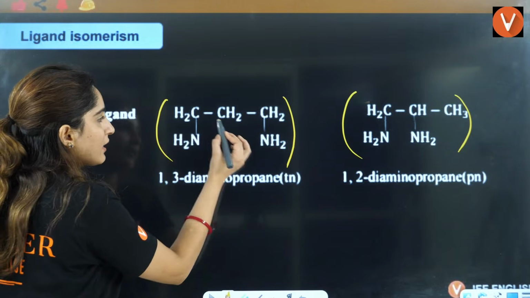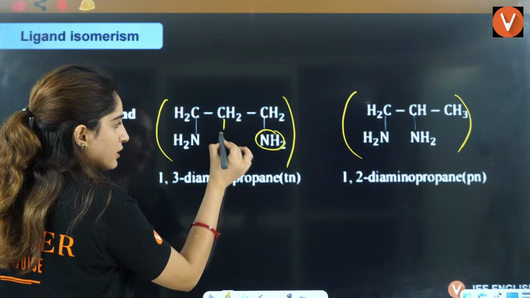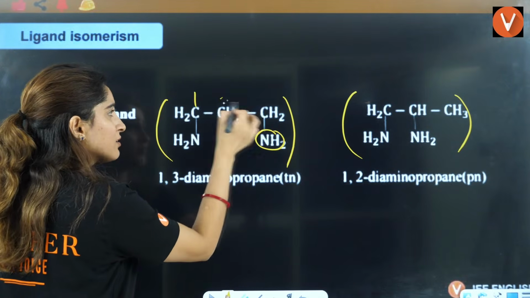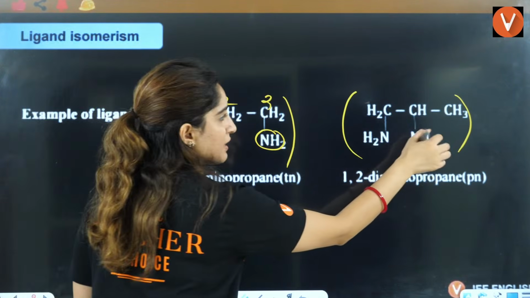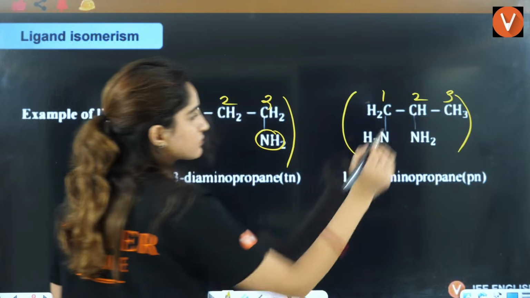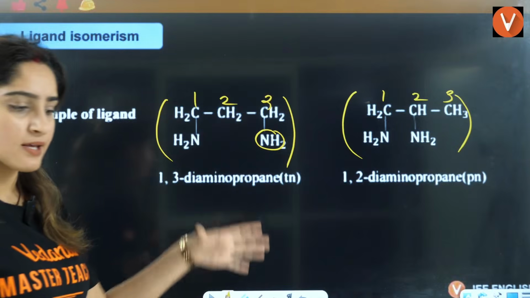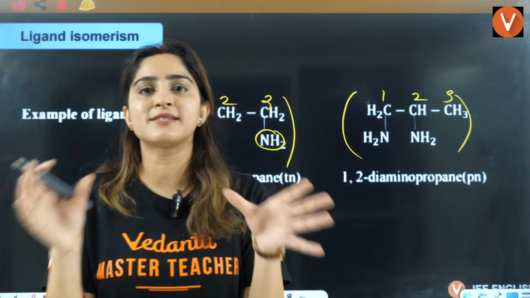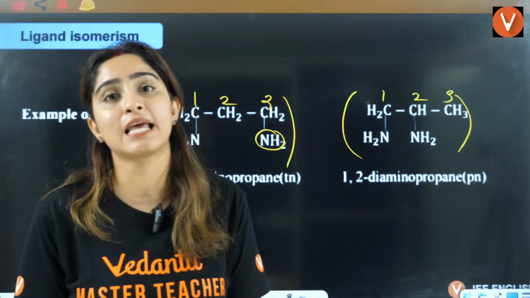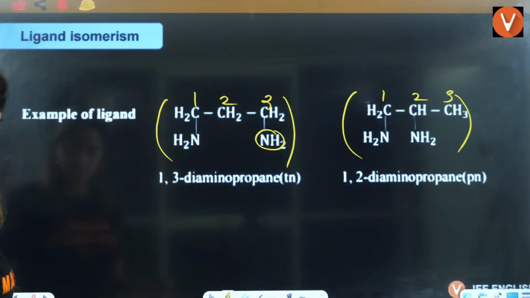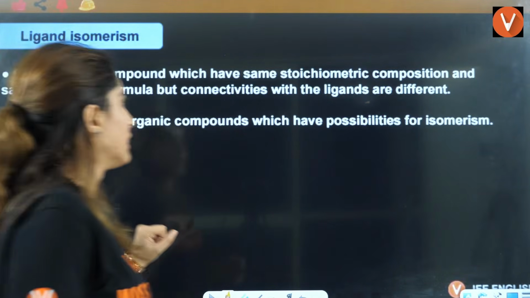So in this ligand, you have NH2 connection at the third position, and here you have NH2 connection at the second position. So when these two ligands are there in two separate complexes where everything else is the same, that will be called ligand isomerism, right?